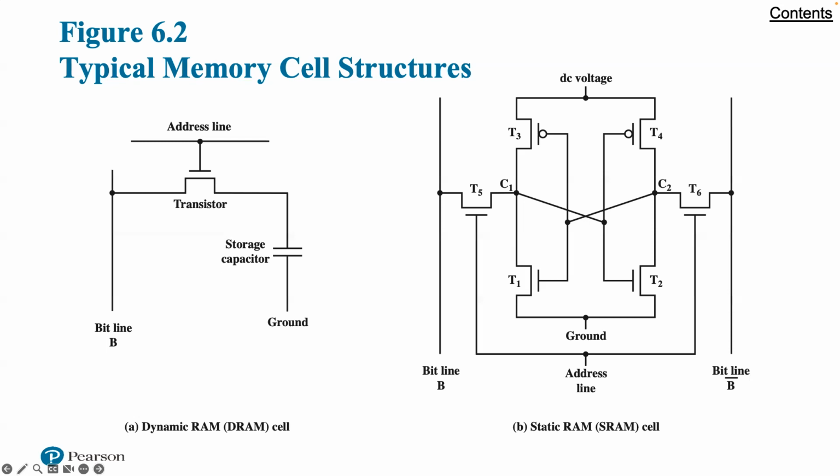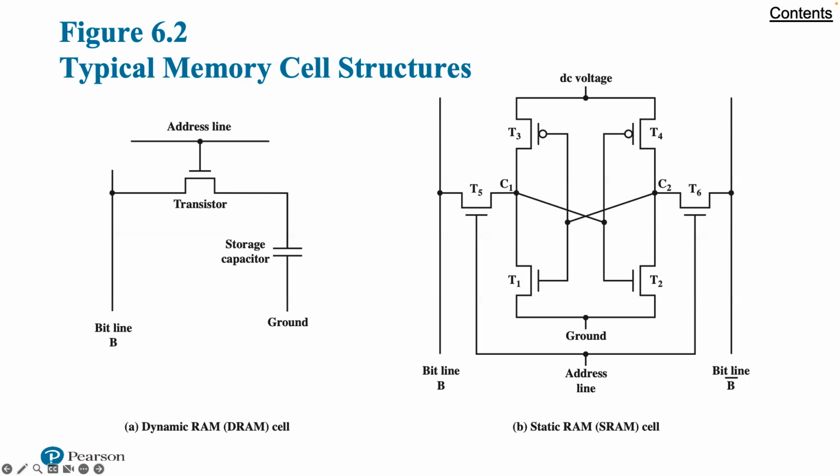In logic state 1, point C1 is high and point C2 is low. In this state, T1 and T4 are off and T2 and T3 are on. In logic state 0, point C1 is low and point C2 is high. In this state, T1 and T4 are on, and T2 and T3 are off. Both states are stable as long as the direct current, DC, voltage is applied.